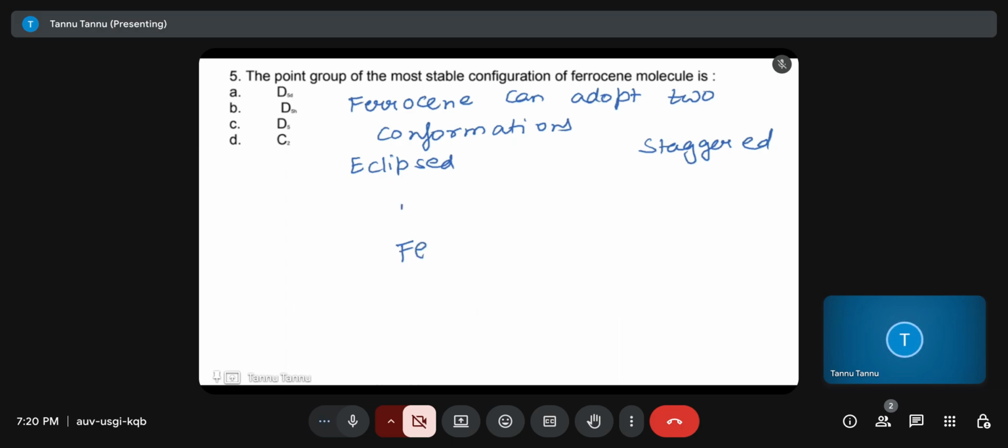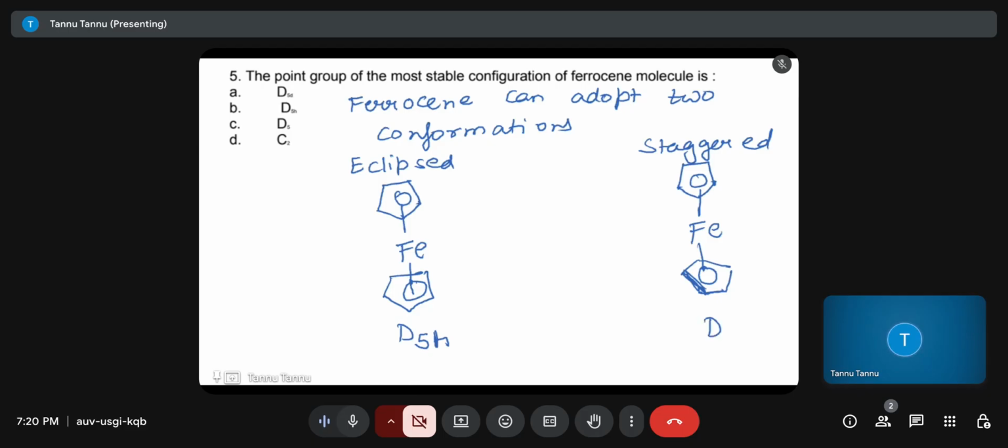In eclipsed, you will get this kind of configuration. In staggered, you will get this kind. The eclipsed belongs to the D5h point group, and the staggered belongs to the D5d point group. In the last session, we discussed how to find the point group of ferrocene, so we also solved these two conformations.